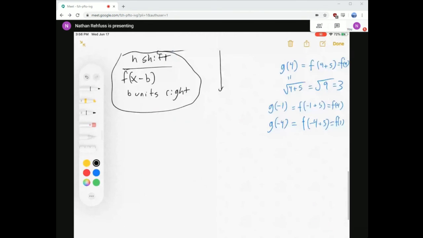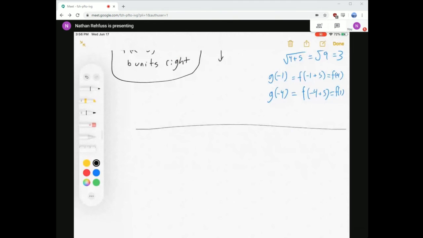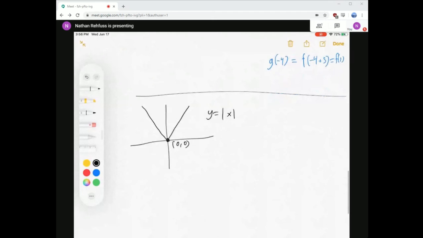Let's say I have the graph of an absolute value function, and that's got the point 0, 0. So this is y equals the absolute value of x. And let's say I would like to have a graph that's like an absolute value function, but instead the vertex is over here at 5, 2.